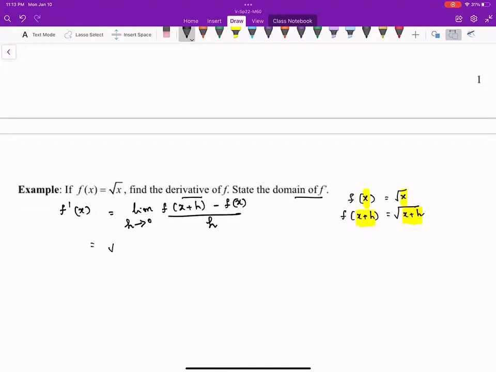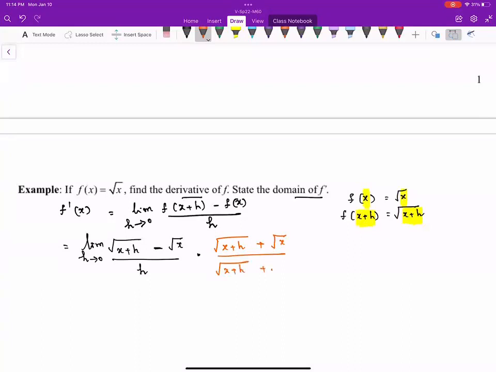So we get the limit as h approaching 0 of square root of x plus h minus square root of x, that's for f of x, divided by h. As the numerator involves a difference of two radicals, we'll use the usual technique of multiplying and dividing by its conjugate, which is connected by plus: square root of x plus h plus square root of x.